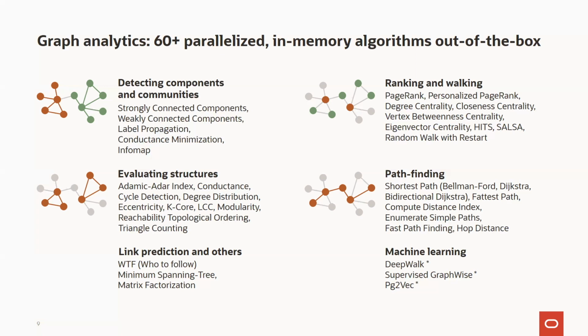And we also have algorithms like pathfinding, for the shortest path or the fattest path, for computing the distance index, the hop distance. If the data set is of huge volume, let's say banking transactions, banks will usually have a huge volume data set because financial transactions are happening every second, and the data set may grow very big in a matter of a few months.